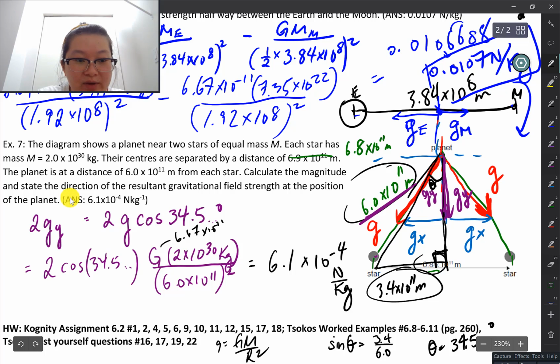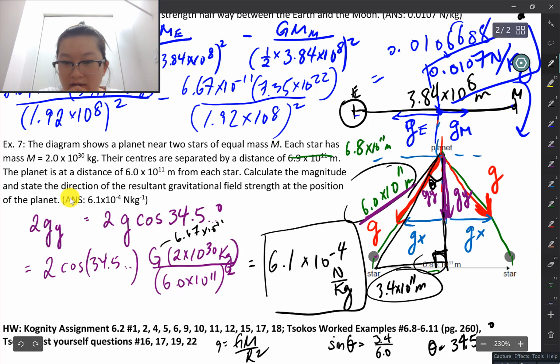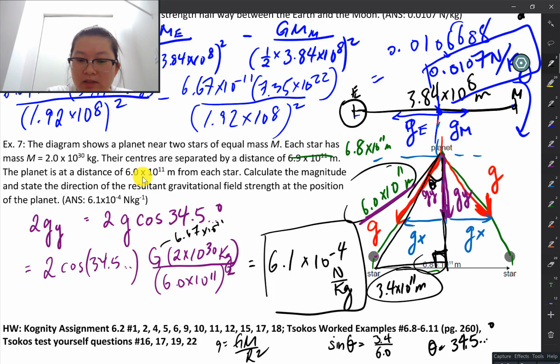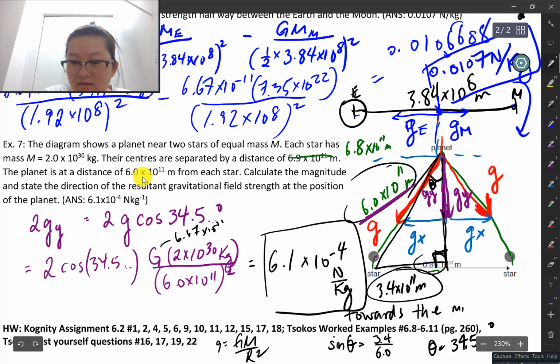And don't forget, we also need a direction. Does it say any relative direction? No. In that case, I would put towards the midpoint of the two stars.